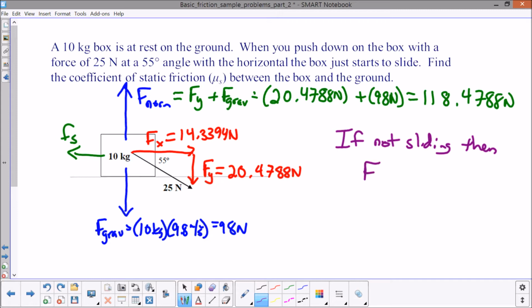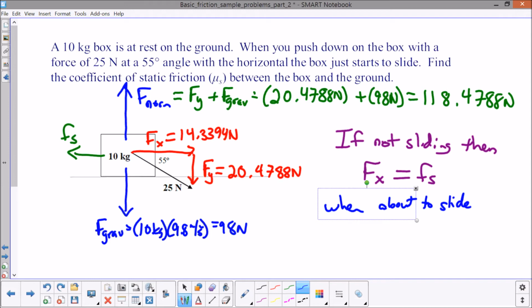That means that the x component of the applied force is being balanced out by the force of static friction. When it was about to slide, that means that static friction was at its maximum value.